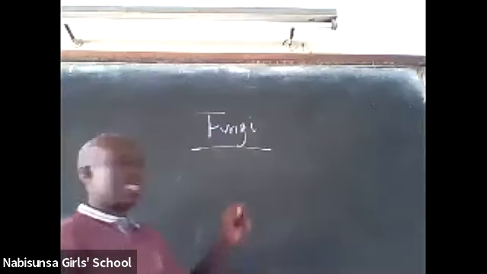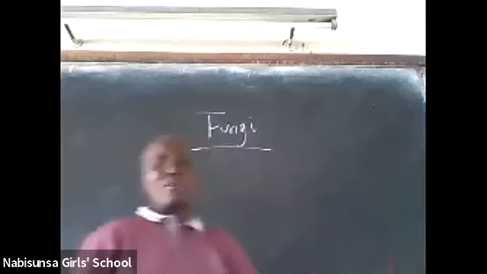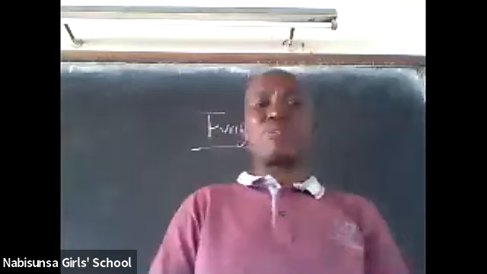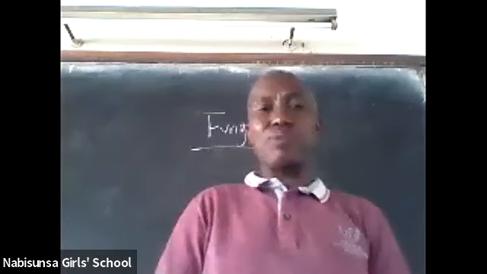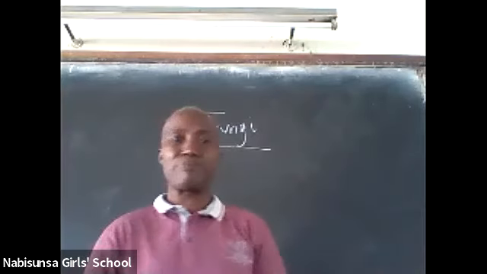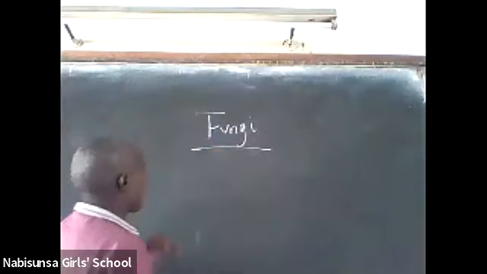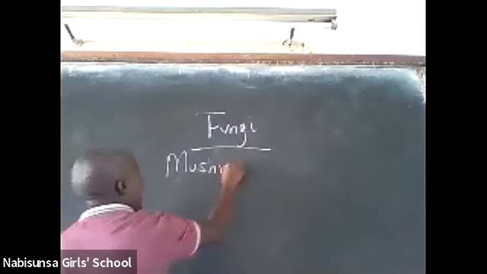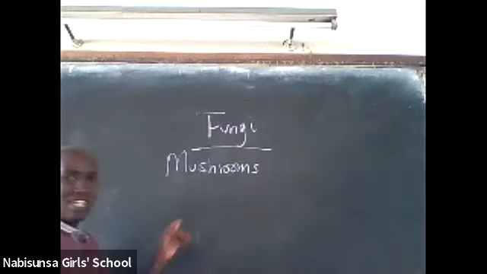Okay, we are looking at kingdom Fungi. I believe you've heard of many examples of organisms that you normally call fungi. I'll give just a few, but I believe the examples I'm giving are common. Amongst the organisms in this kingdom, we have the mushrooms. These ones are eaten.